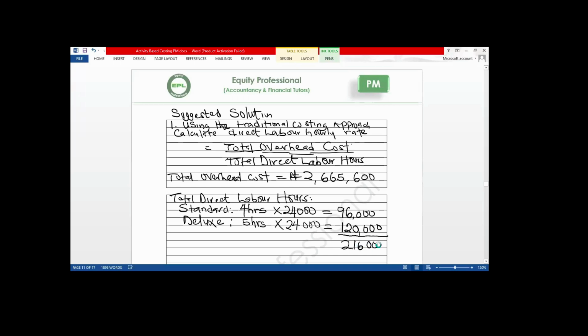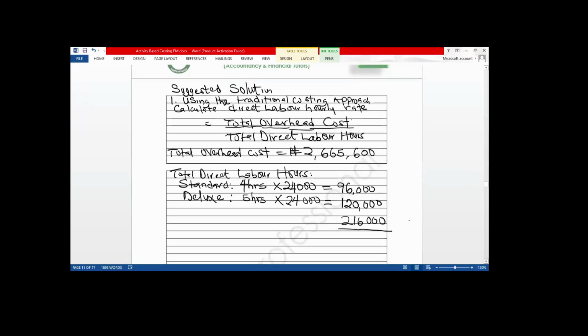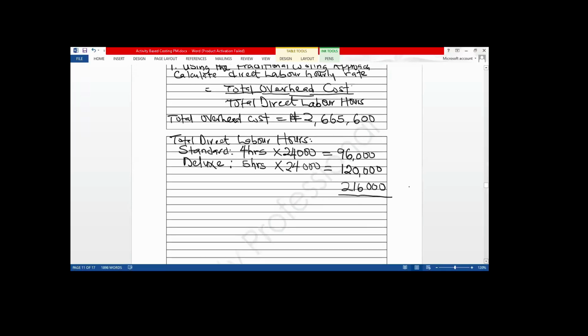That means the total direct labor hours required for production is 216,000 labor hours. You can return now to compute your direct labor hourly rate.